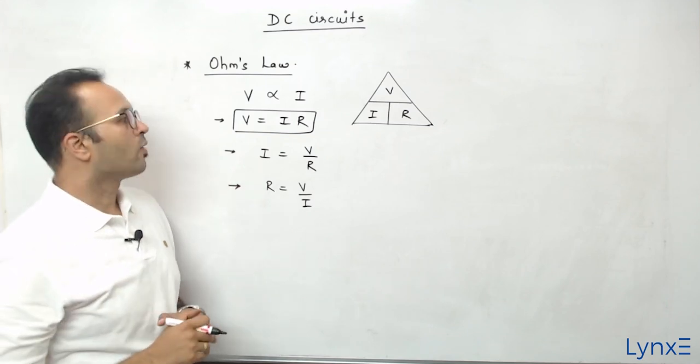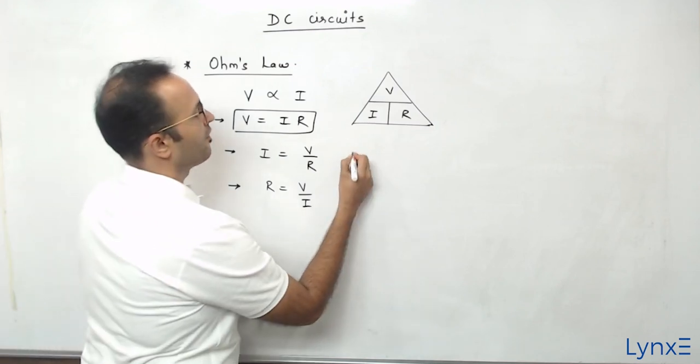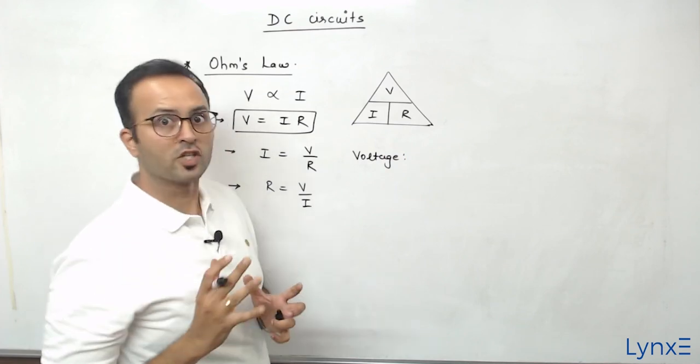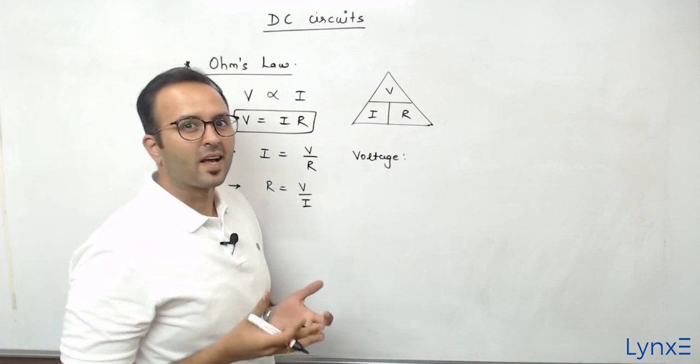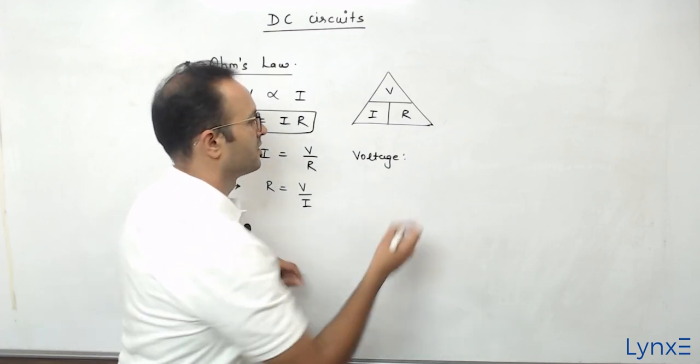That's great. Now, in short, I can define what V, I, and R are. Voltage is nothing but potential difference. What exactly does potential difference mean? It is the work done to move a charge.